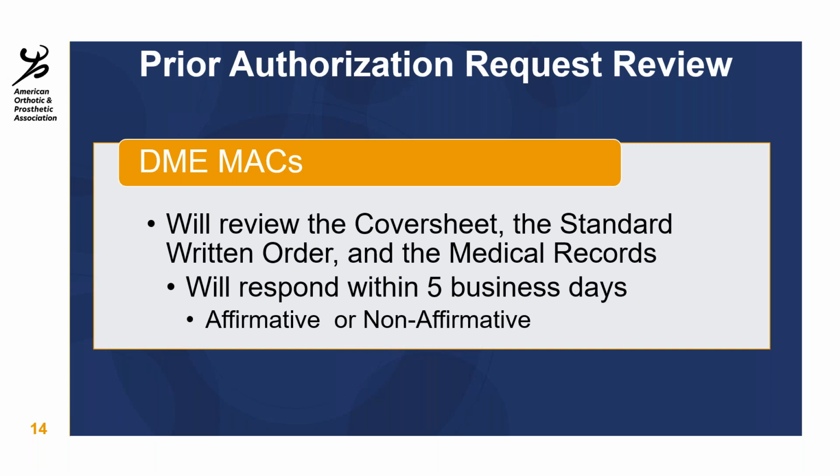For these select orthotic codes, the established turnaround time for the review has been set at about 5 business days. This cuts in half the time that's being used for the lower limb prostheses. Those are set at about 10, but for these codes, the turnaround time has been set at 5 days.